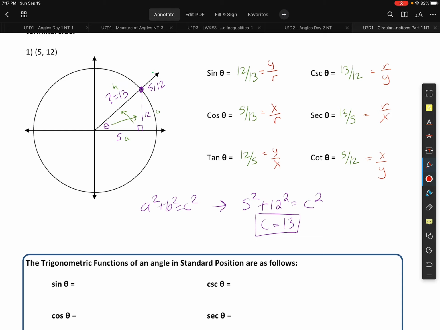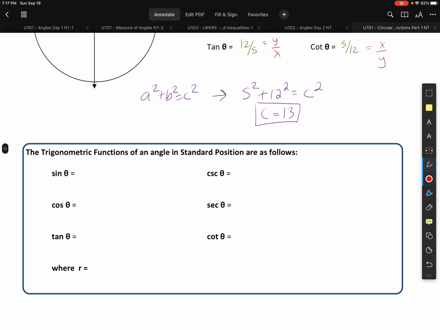5 represents the adjacent, which is an x value. 12 represents the opposite, which is a y value. 13 represents the hypotenuse, which is the radius in this problem. So the 6 trig functions we have now are sine is y over r, cos is x over r, tan is y over x, cosecant is the flip-flop of sine, r over y, secant is the flip-flop of cos, cotan is the flip-flop of tan.